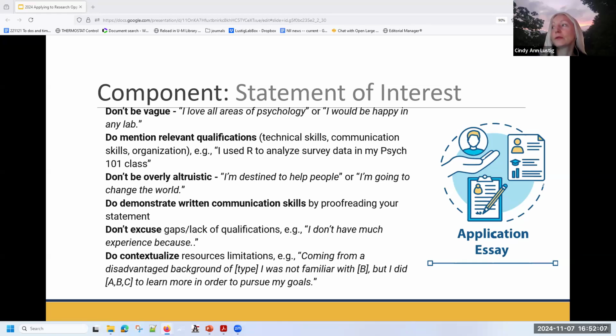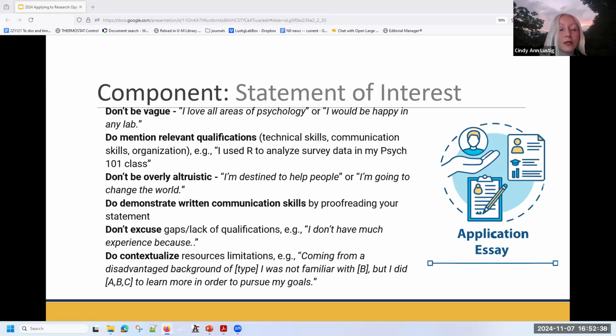If you do have resource limitations, you can talk about that. So you can say, coming from a disadvantaged background of, let's say, being at a smaller school, I was not familiar with neuroscience research, but I did A, B, and C in order to learn more about my goals. So maybe I didn't have a chance to work in a lab with animals, but I did work at a veterinary clinic, and that gave me those kinds of skills.